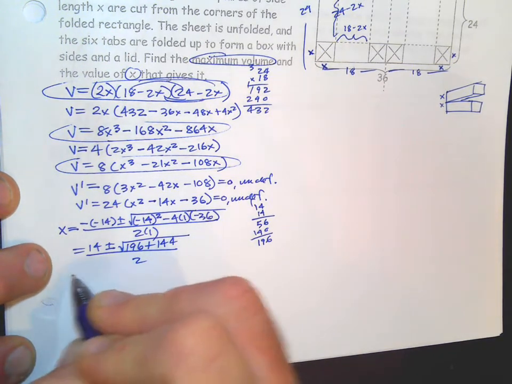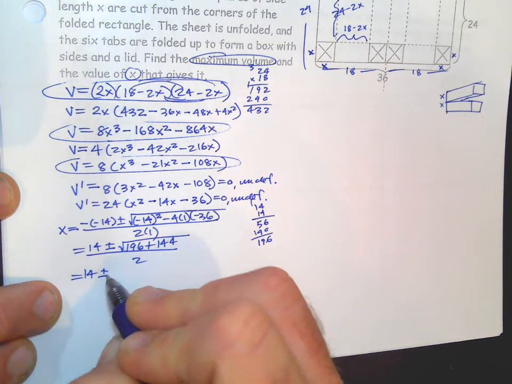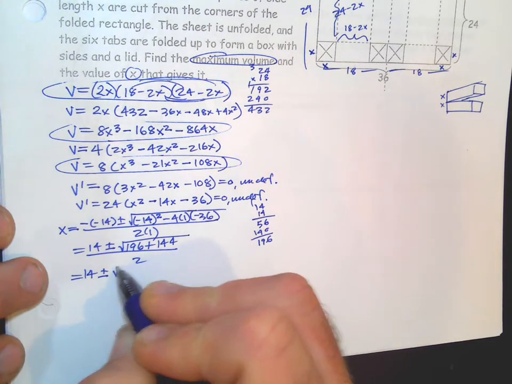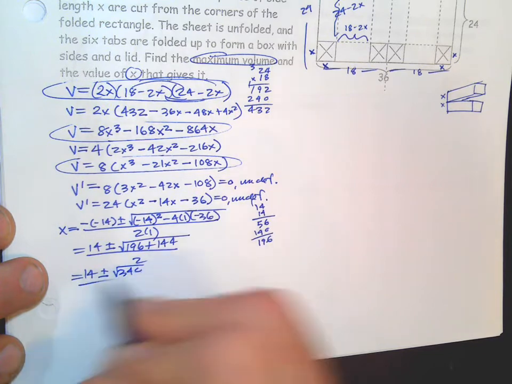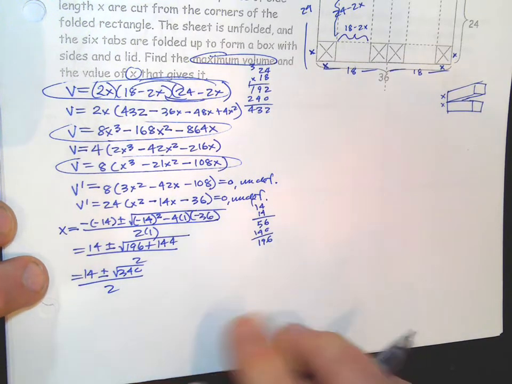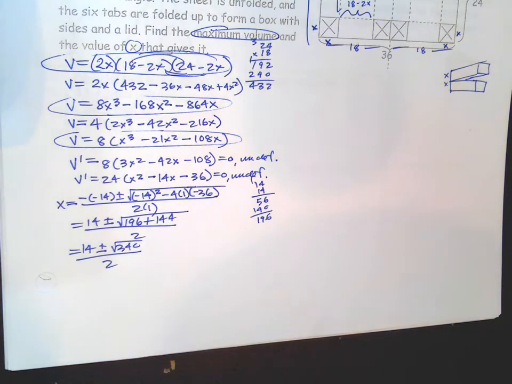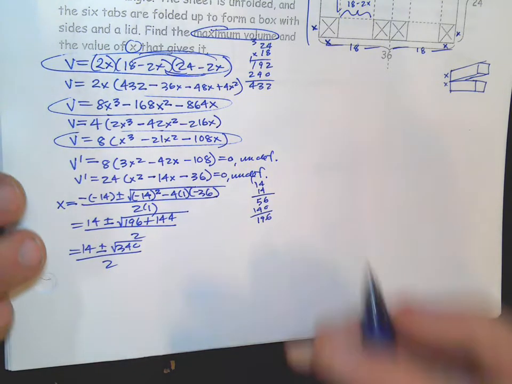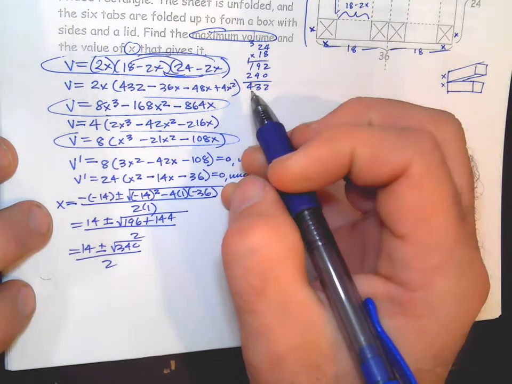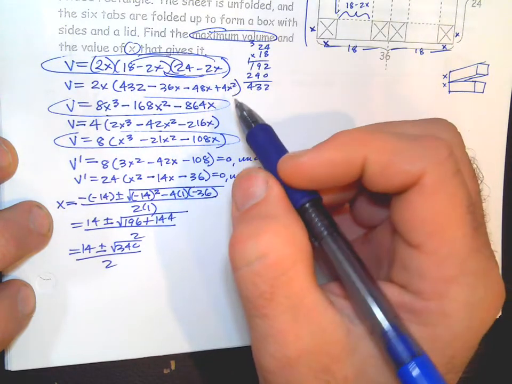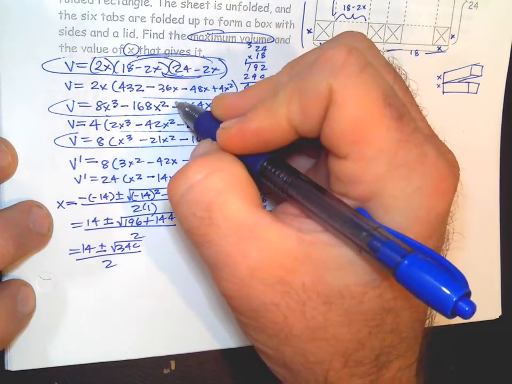And so then that's going to be 340. So, oh wait, hold on a second. Did I make a mistake somewhere? Ooh, oh no. I think I made a mistake. That's positive, and I made it negative.